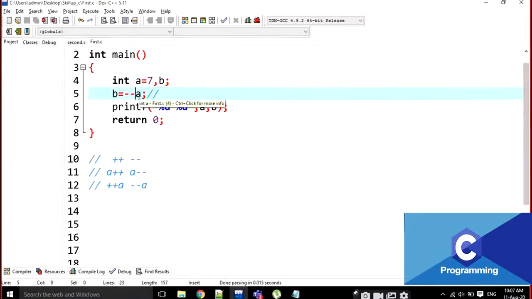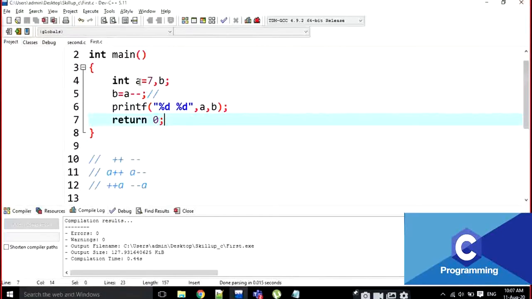Okay, is it clear? Now what is the output? A value is 6 and B value is 7.